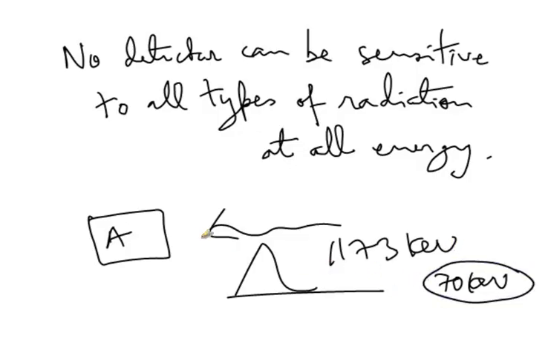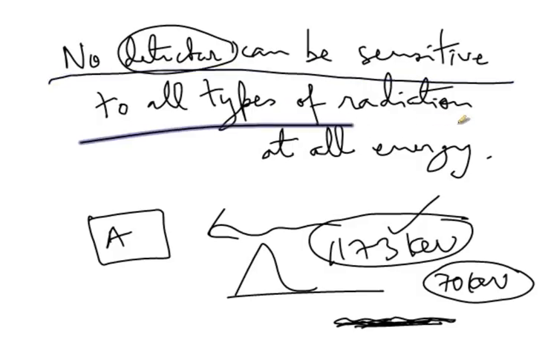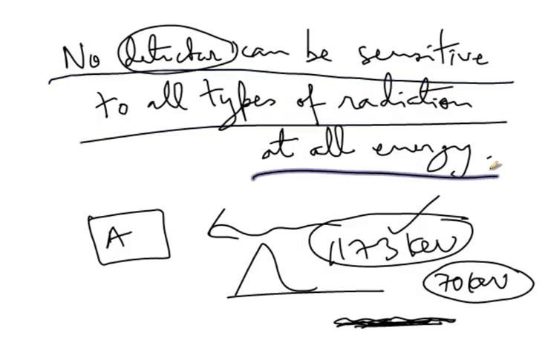But unfortunately, if we use this in the detector, you will not see any signal. It will be just you will not see anything. So what does this mean? This means that your detector is good enough for energies of this range only, or near this range. This is what I am trying to say. No detector can be sensitive to all types of radiation at all energies.